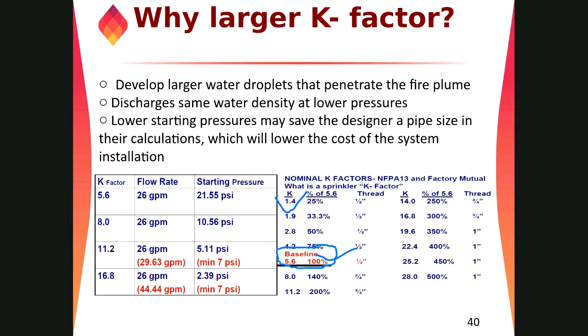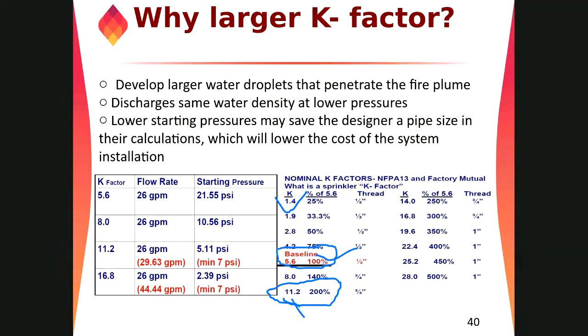If you are using 11.2, the flow will be almost 2 times. So if your sprinkler is giving 26 GPM at 5.6, the same sprinkler will give you 26 times 2, meaning 52 GPM at the same pressure. So 11.2 is larger compared to the 5.6.